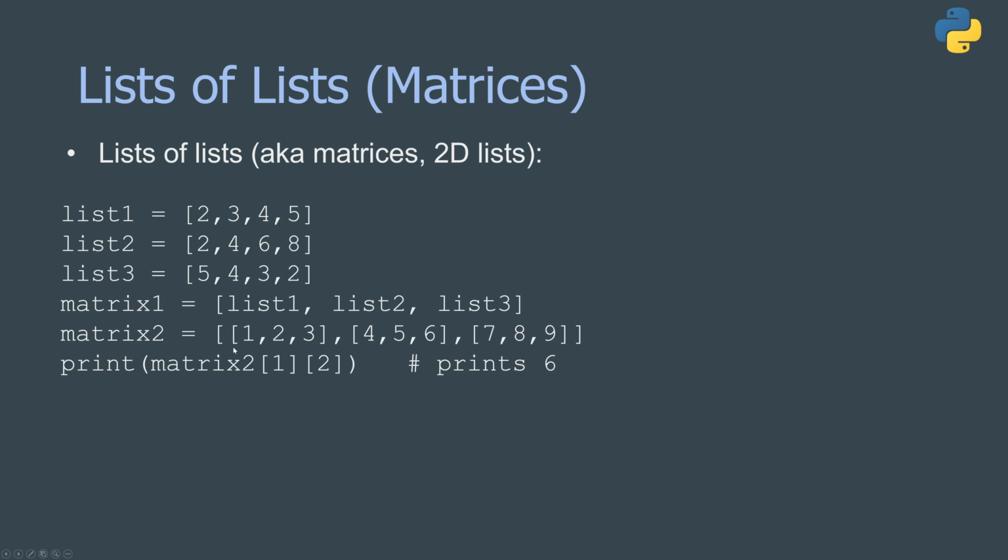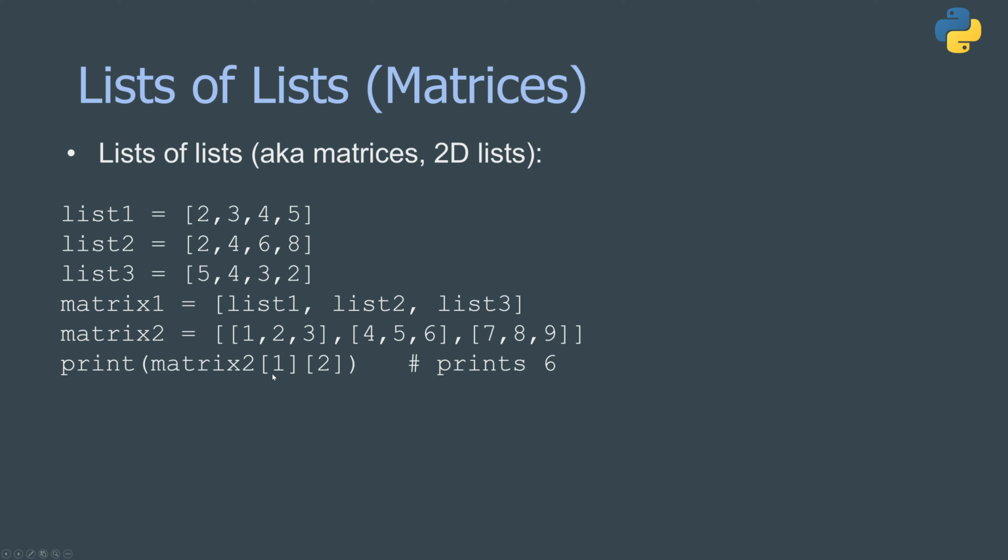And so this is index 1. This whole list is at index 1 of matrix 2. This whole list, index 0. I got a little confused there, sorry. Remember, in Python, all of your indexes are 0-based. And so this is the first element of matrix 2, index 0. Index 1, which is the one that we're requesting, is this entire list.